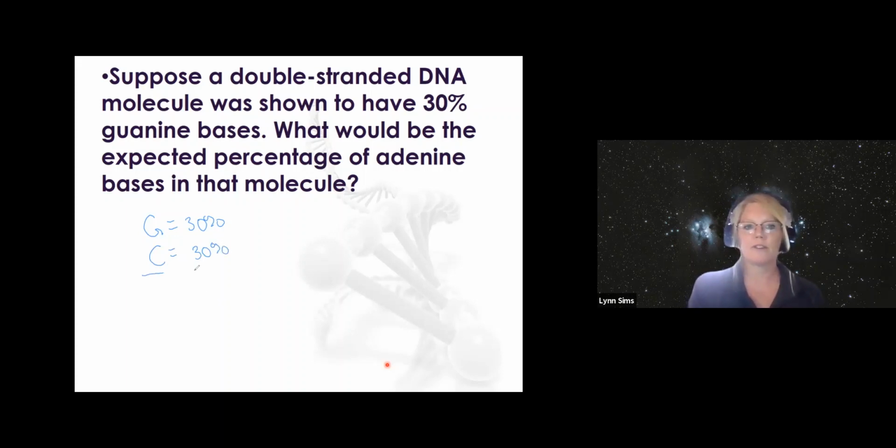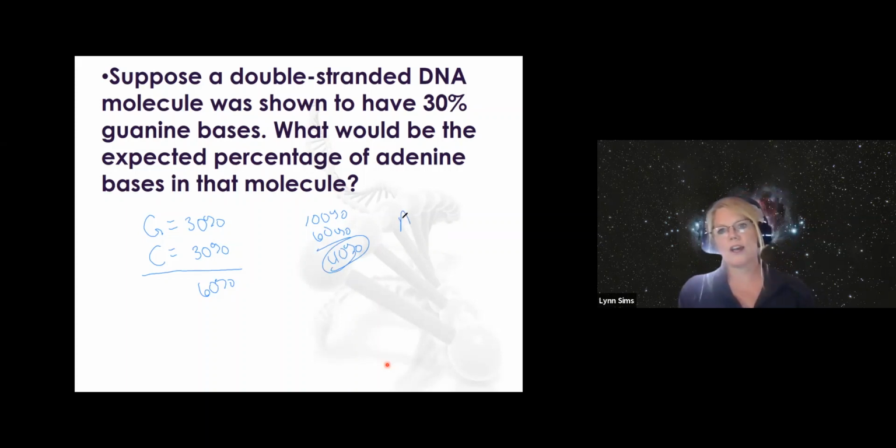Okay, so that gives us a total of 60%. Now, again, all of a genome would equal 100%. So if you subtracted 60% from 100%, that leaves you 40%. Okay, so 40% is left.